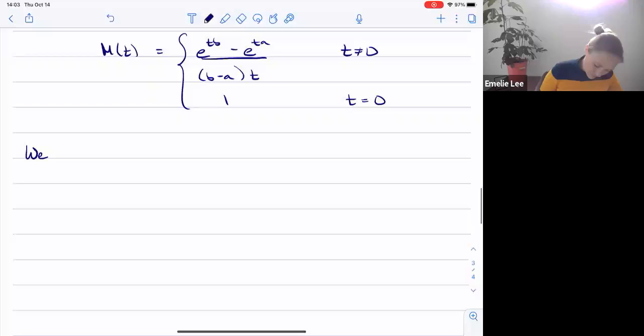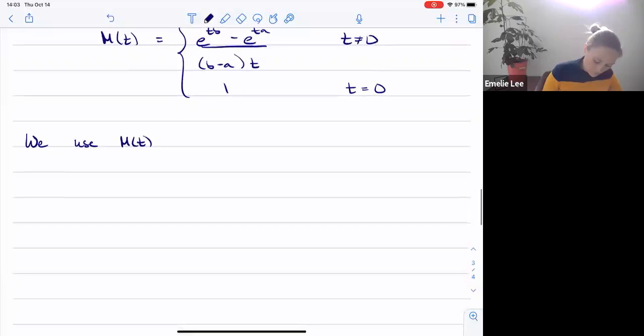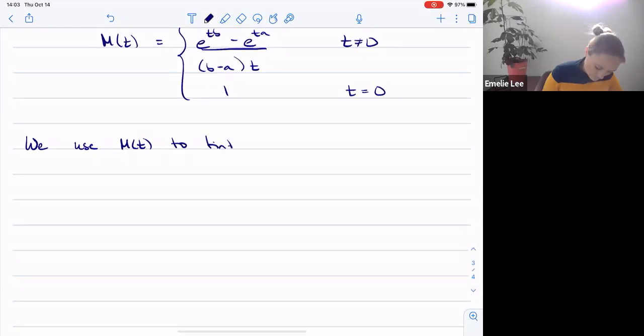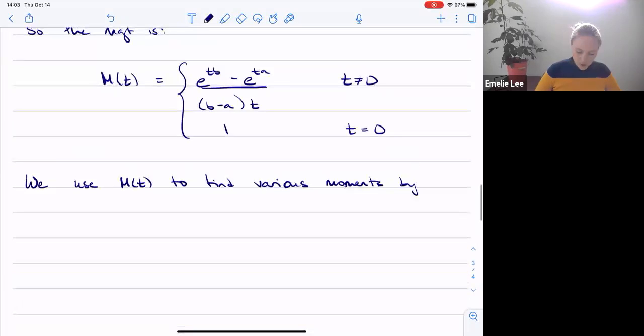So we use m of t to find various moments by differentiating. Of course, we're not going to differentiate the constant 1. We're going to differentiate this portion, the t not equal to 0 portion.